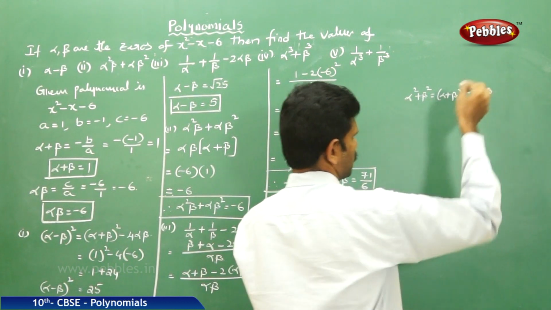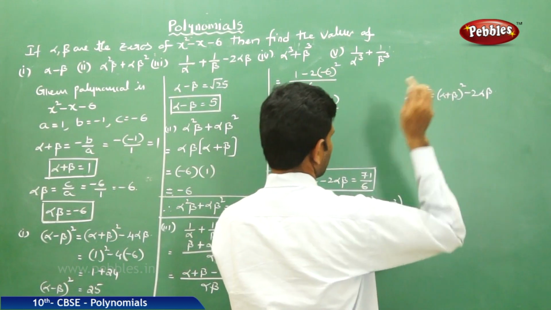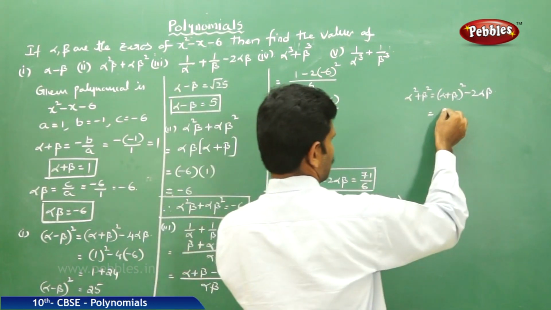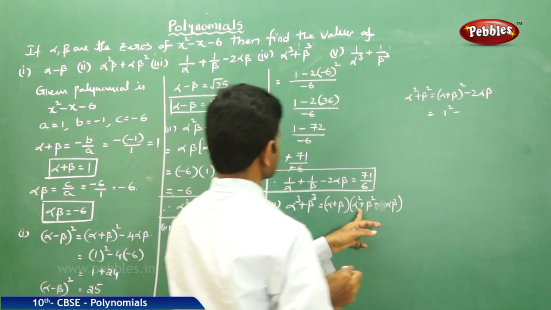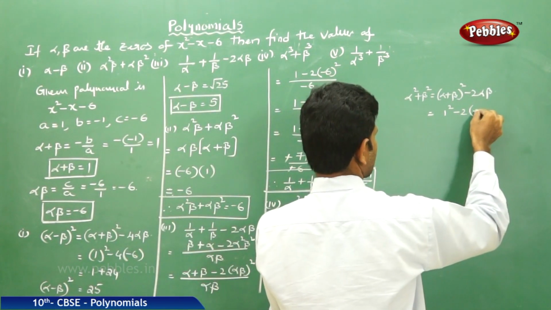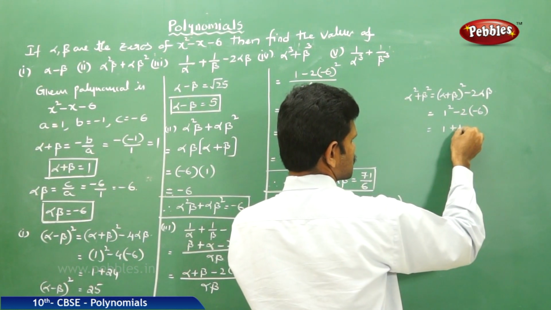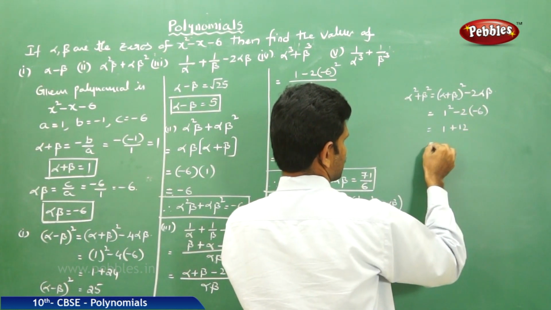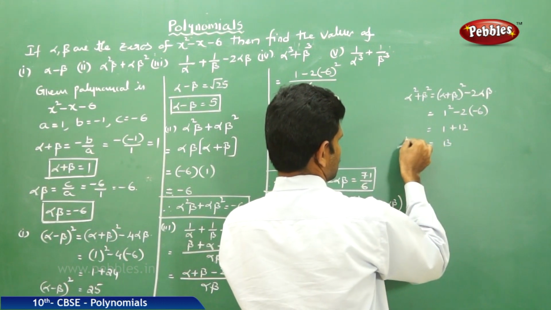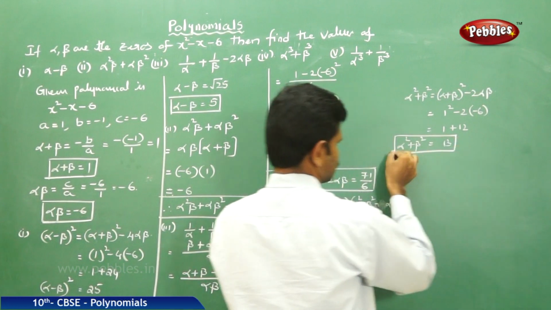By using this formula we can find out the value of that one, that is equal to (alpha plus beta value is 1) square minus 2 times alpha beta value, which is minus 6, that is equal to 1 plus 12, that is 13. Alpha square plus beta square value is 13.